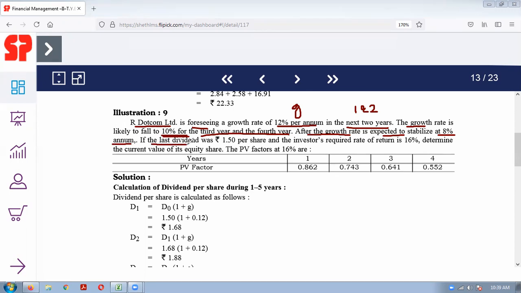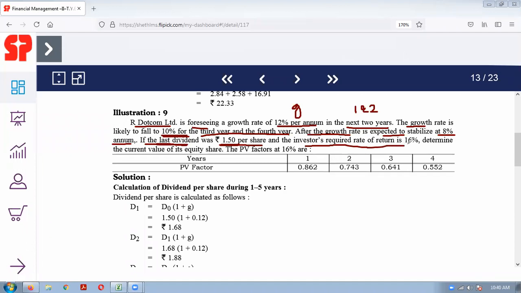And the last dividend is 1.50. Look at the wording very clearly: last dividend paid means D0. So D0 is 1.50 per share. And the investors' required rate of return, KE, is 16%.